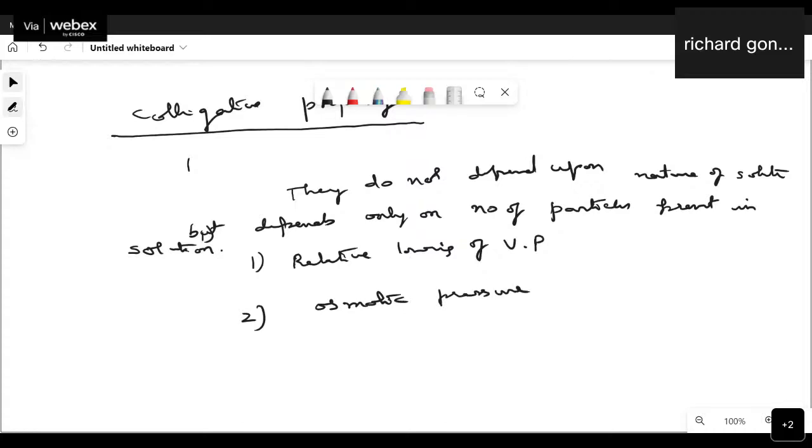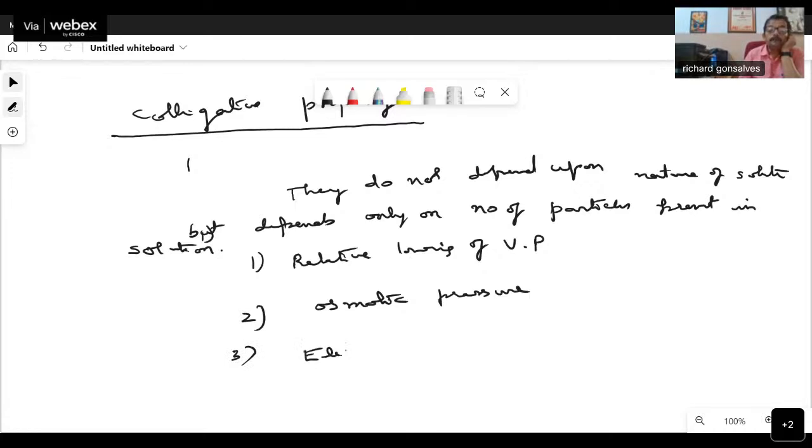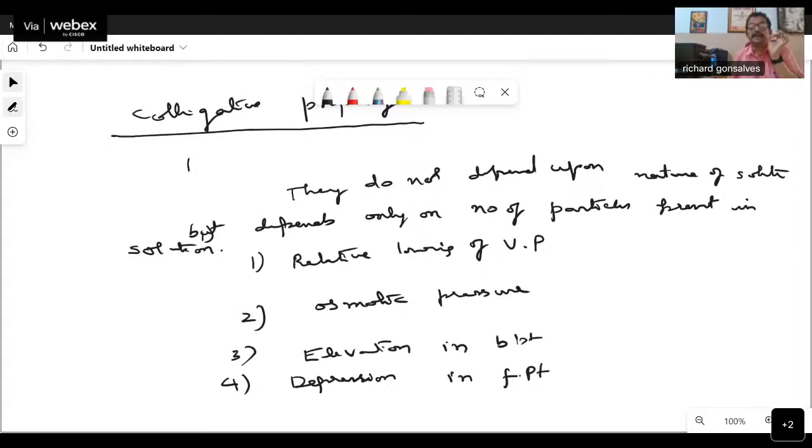Third, elevation in boiling point. Fourth, depression in freezing point. These are 4 colligative properties. Therefore, what are colligative properties? They do not depend upon the nature of the solute, but depend only on the number of particles present in the solution.